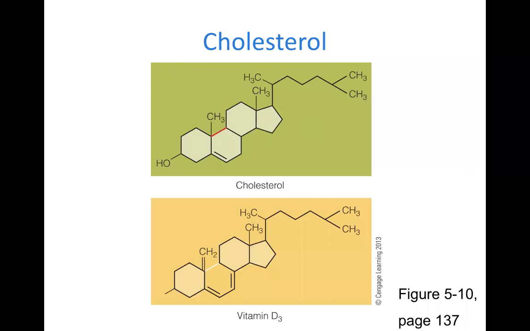And this would be like meat, eggs, fish, poultry, dairy. A hormone slash vitamin that looks a lot like cholesterol is actually vitamin D. So we have a precursor to vitamin D in our skin that is a type of cholesterol, and when activated by UV rays, we can convert that to vitamin D.